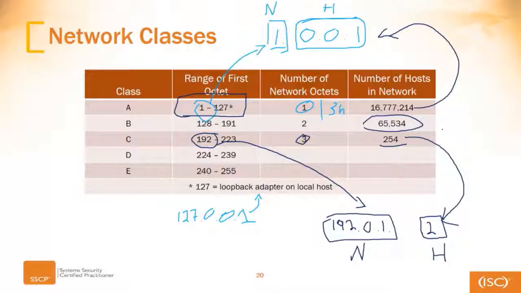But as we increase the number of networks, we decrease the number of hosts per network. And that's why at the bottom here in Class C, we wind up with 254 hosts, because we have a very large number of networks from 192.0.0 to 223.255.255. That's just over 2 million networks. But in those 2 million networks, each network can have exactly 254 unique hosts.